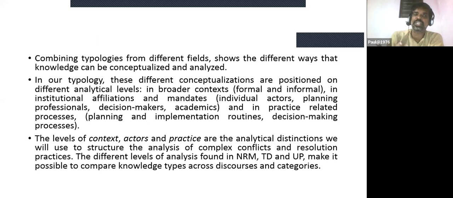They are positioned on different analytical levels in a broader context: formal and informal, in institutional affiliations and mandates; in individual actors, planning professionals, decision makers, academics; and in practice-related processes, planning and implementation routines, decision making processes, etc.